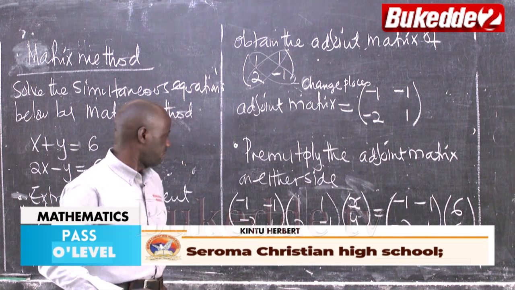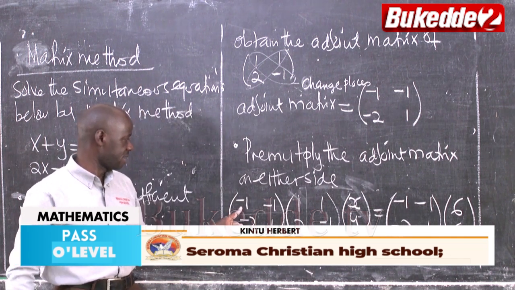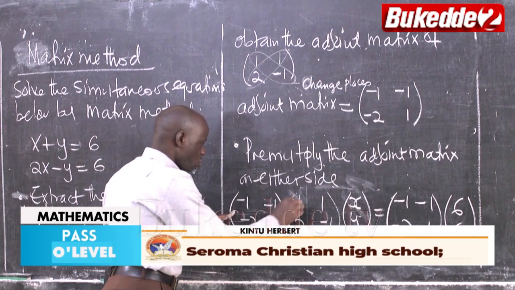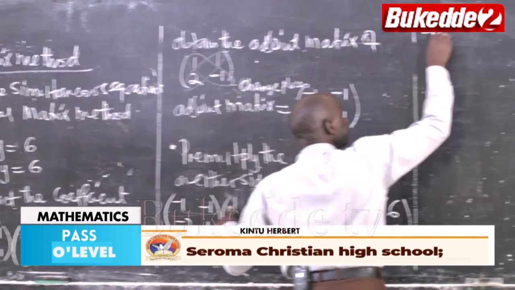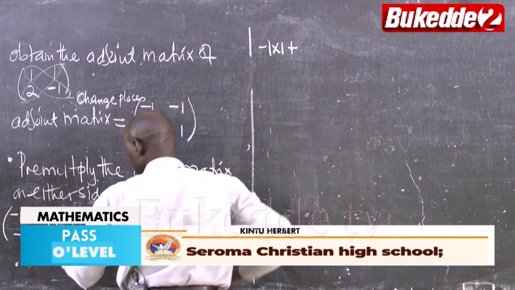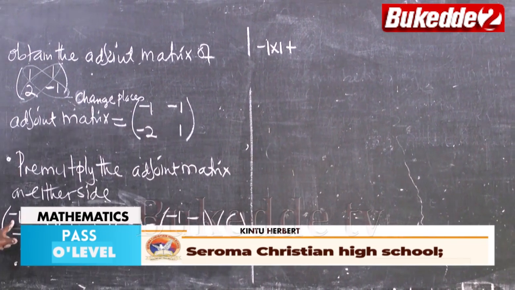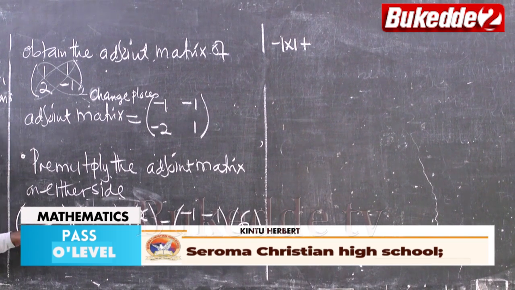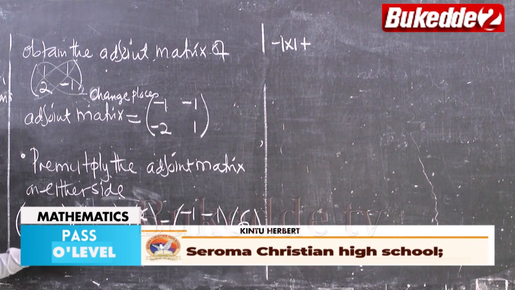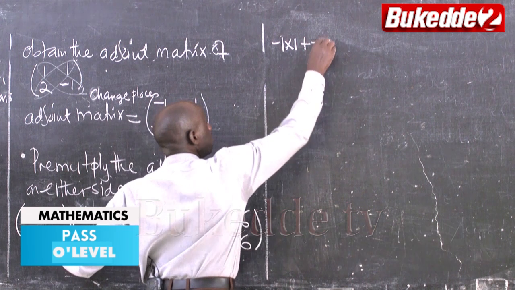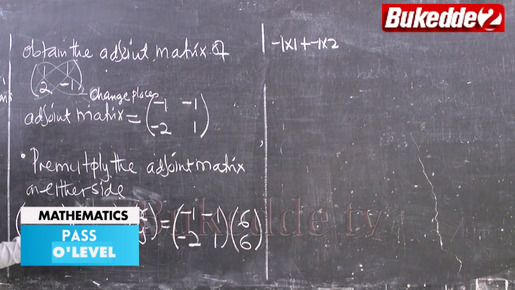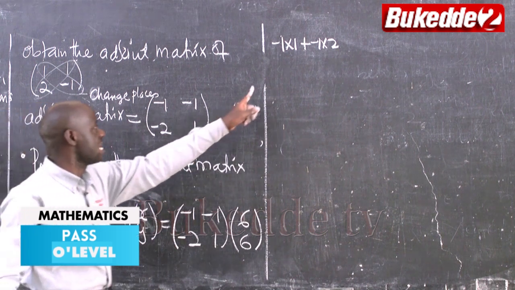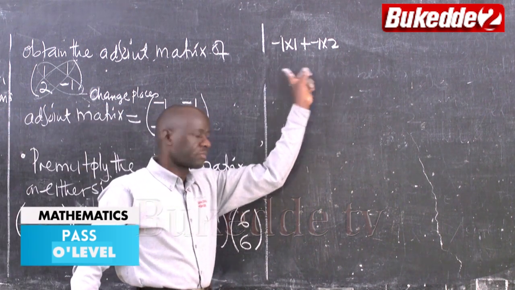So, on the left-hand side, we are going to have this row with that column, negative 1 times 1, added to negative 1 times 2. Then, when we do that, we obtain the first entry of our matrix.